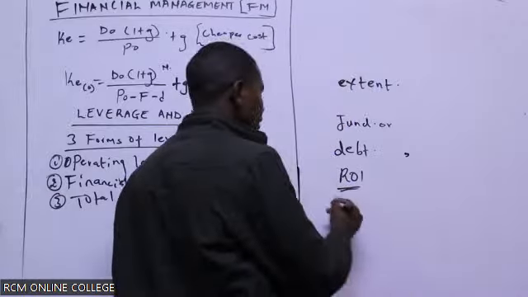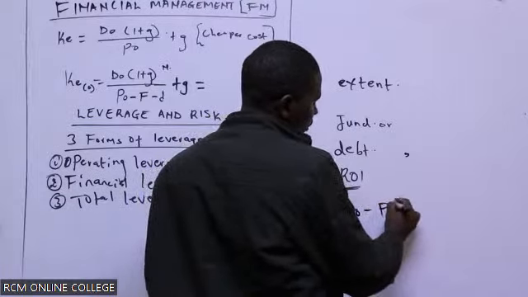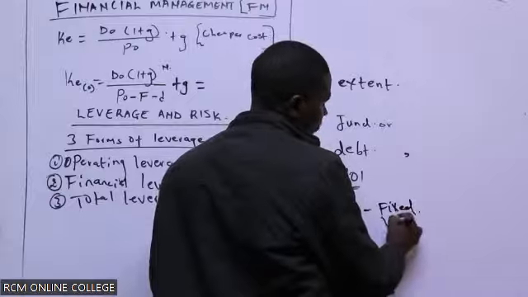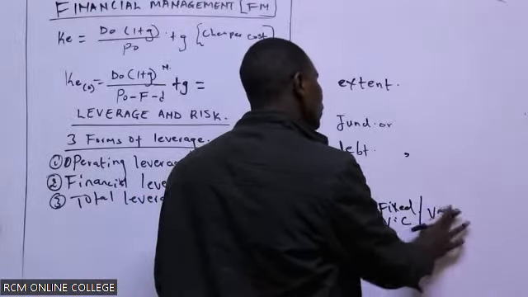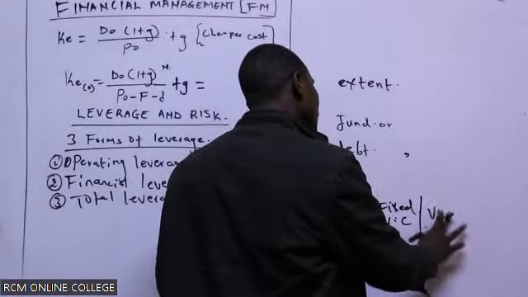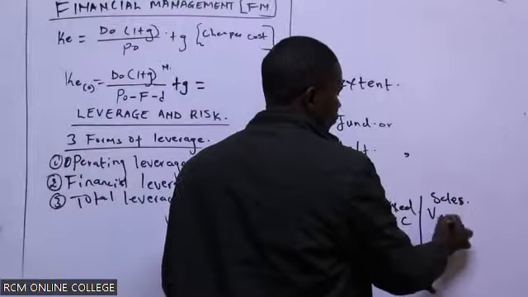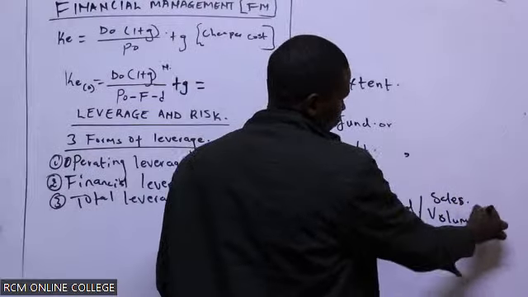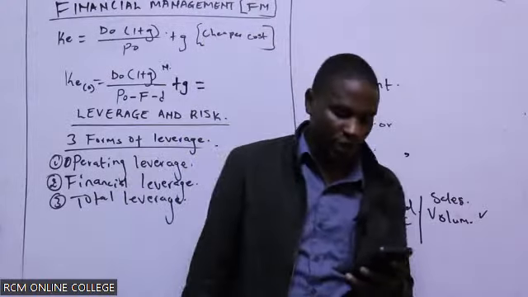So you're looking at the ratio of fixed cost and variable cost, and then there is sales volume. So hizo ndizo terms tutakazokuwa tunaangalia.